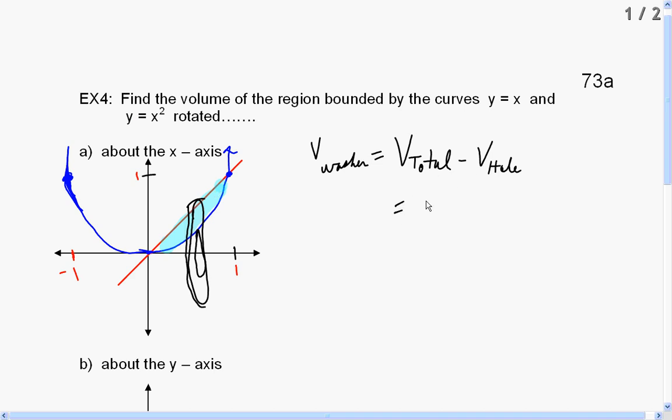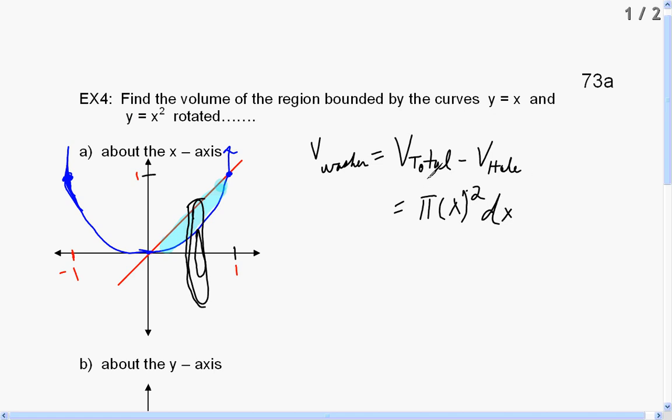So that should be pi times, remember the radius is that height, so that's x squared, times the height of the whole washer, that's the change in x, dx.